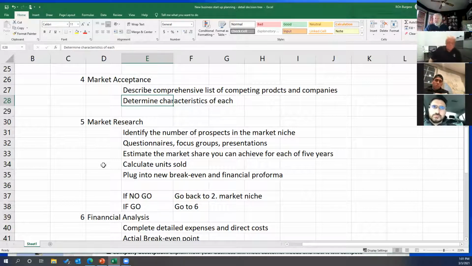You can even break them down by size. If Edgar felt like his customer was doing $2 million or less per year, then he could take a look at how many of those companies are doing $2 million per year or less, and then identify them. And he might find out that there are 180 restaurants in the Inland Empire.